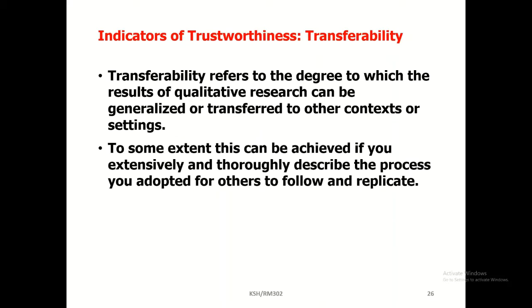Kumar suggests that achieving transferability can be really hard, especially when the study is to be replicated by future researchers. Nevertheless, transferability, in the sense of replicating a research study, can be achieved to some extent if the research process is extensively and thoroughly described.